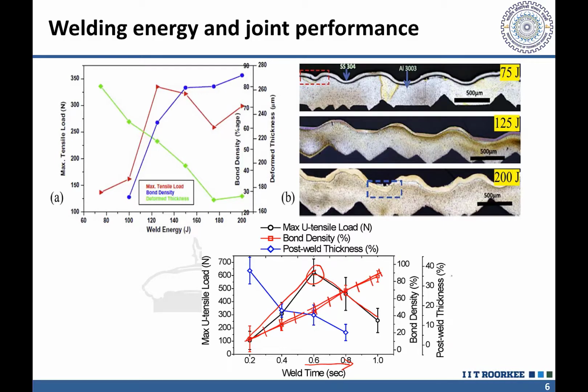At the same time, look at the post weld thickness percentage: when we use less weld time, the thickness percentage is high, say 40%, but this thickness percentage drops very badly, meaning the thinning of the base metal has taken place significantly, and that is why we have to have an optimum level of the thinning as well as the interfacial bonding for maximum load carrying capacity of the joint.